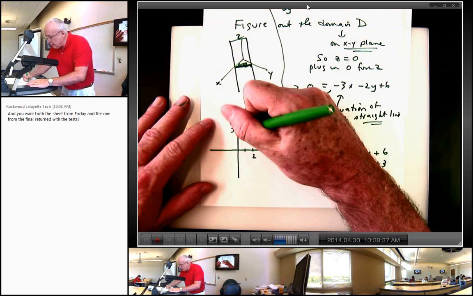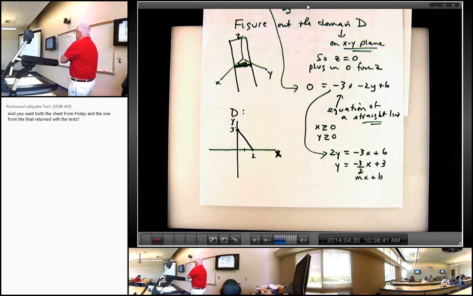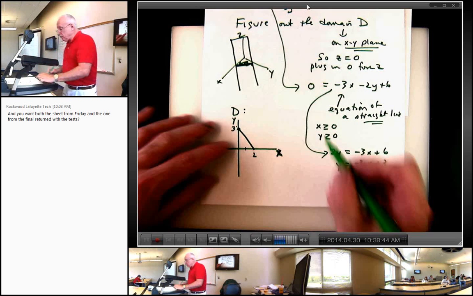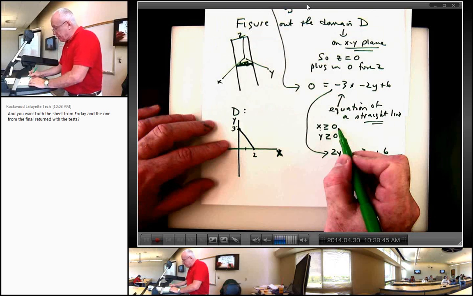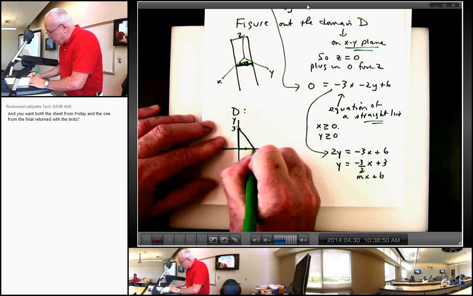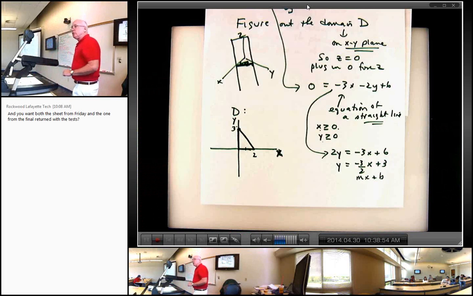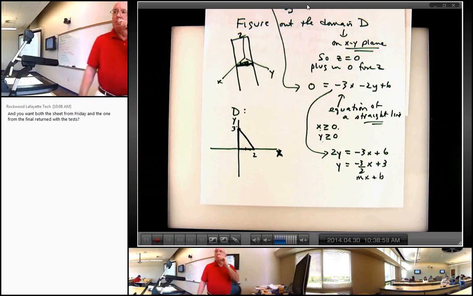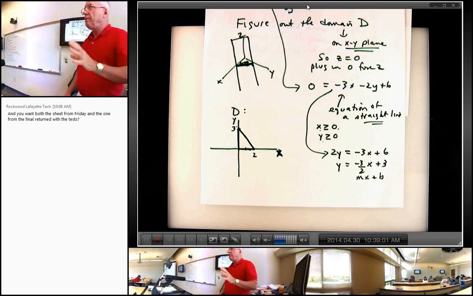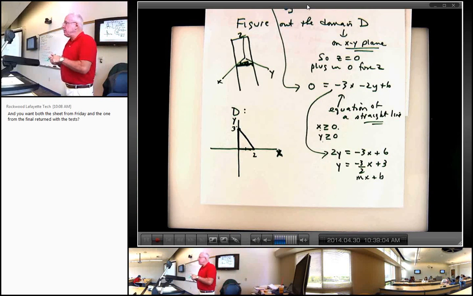So our line is going to be like this right here, and that's part of the boundary. We also know that x is bigger than 0, y is bigger than 0. So this triangle right here, that is our D that we're integrating over. Does anybody have any questions about how I found that? We're only looking at x, y here, so we set z equal to 0.